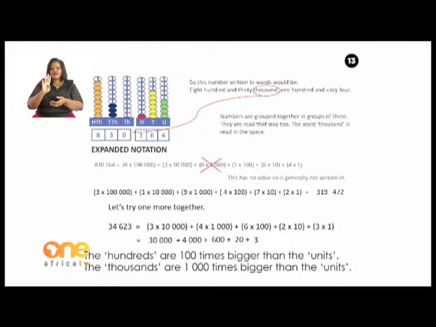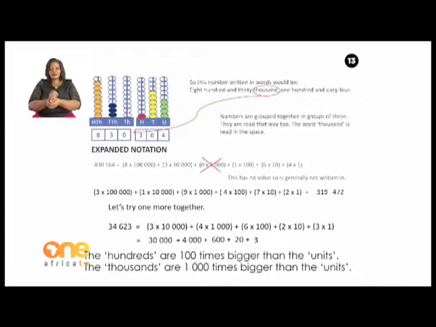So that is how you write it in words. Numbers are grouped together in groups of 3. They are read that way too. The word thousand is read in the space.